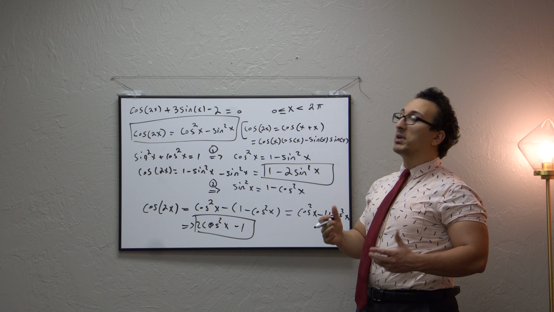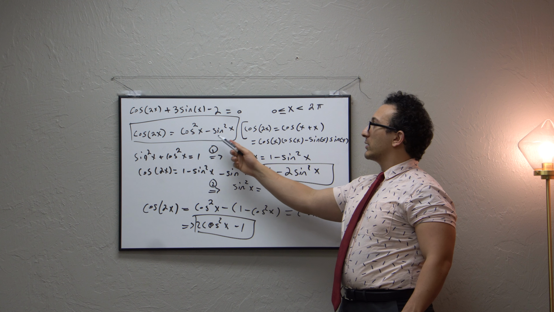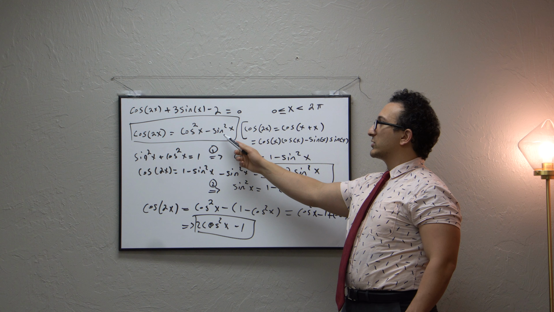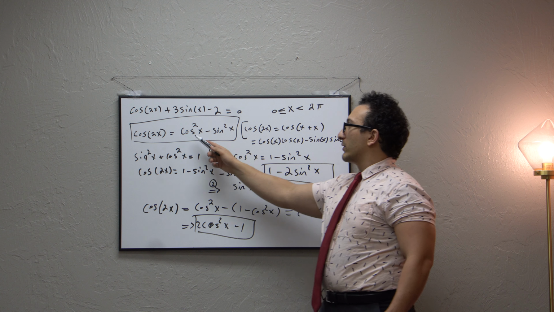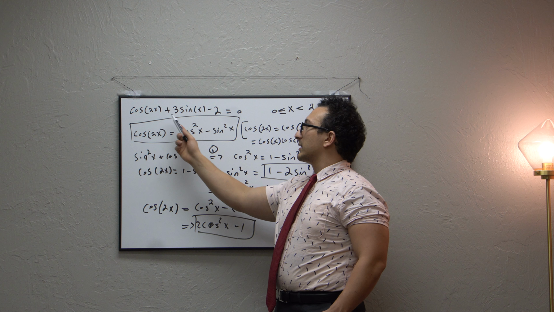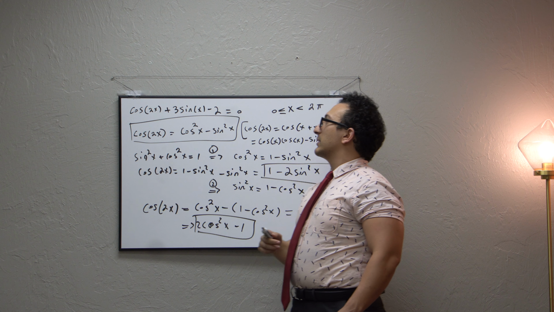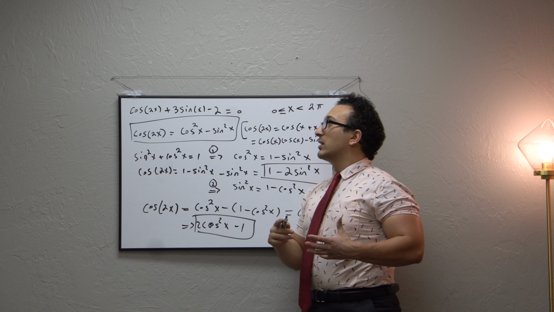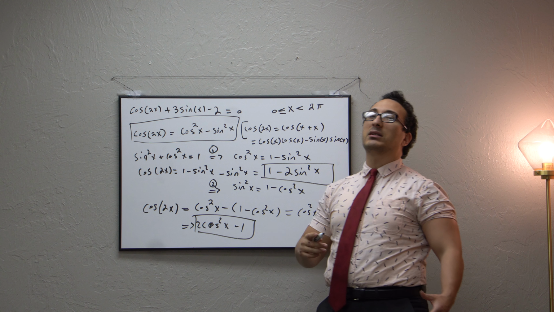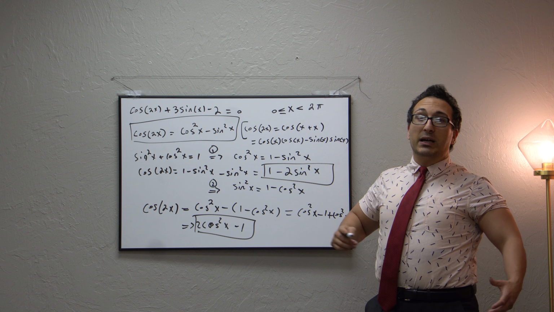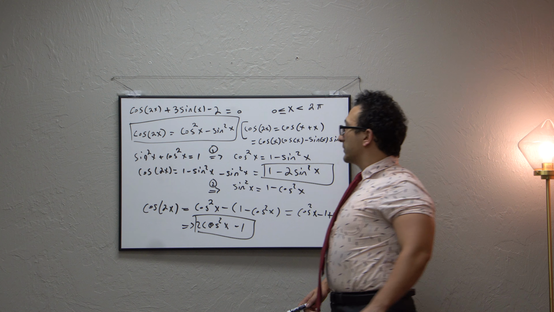Which one should we pick? Notice if we pick this one, we still have mixed trigonometric functions. Meaning, if we replace it with this one, we would have a cosine squared x and a sine squared x. It's not going to break down anymore, because if this was a plus, it would be the Pythagorean identity. But unfortunately, it's a minus, so it's not the Pythagorean identity.